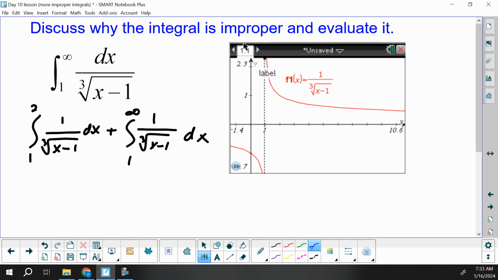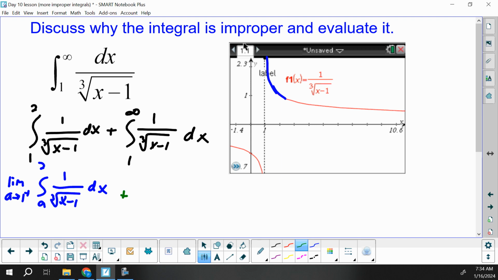So in the first one, we're doing basically that part. So we're approaching 1 from the right side. So we're going to have limit as a approaches 1 from the right, integral of a to 2 of 1 over cubed root x minus 1 dx.